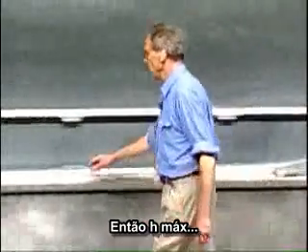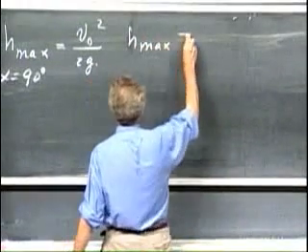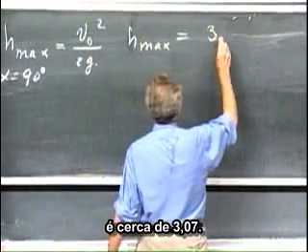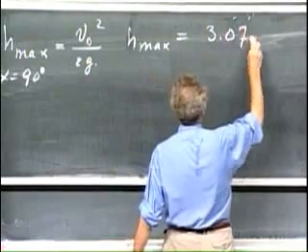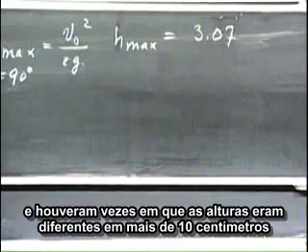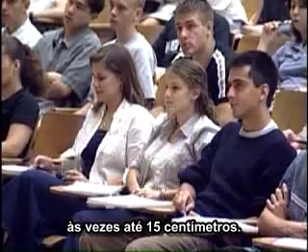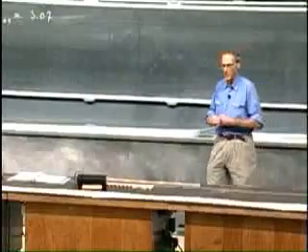So h max is about 3.07. I have done this morning 20 times. And there were times that the height differed by more than 10 centimeters, sometimes even 15 centimeters.